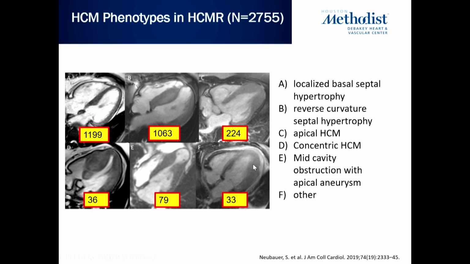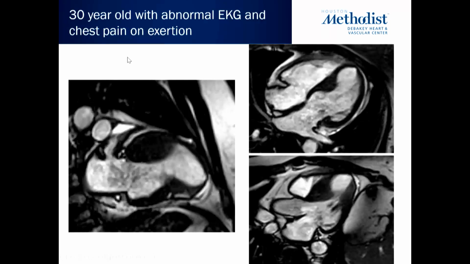And then more rare and less common are the lateral wall hypertrophy or concentric hypertrophy. And here, when you have an older person with hypertension and multiple comorbidities, you also have to be careful not to overcall these kinds of patients HCM. And here, really, the clinical history and LGE findings are very important.